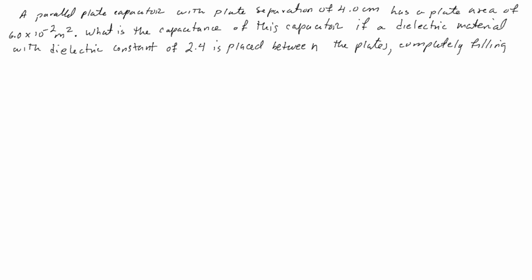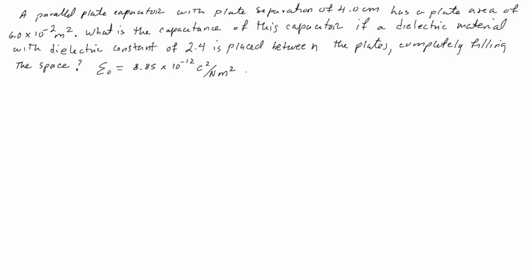And again, they use the permittivity of free space. They say there is 8.85 times 10 to the negative 12 coulombs squared over Newton meter squared.